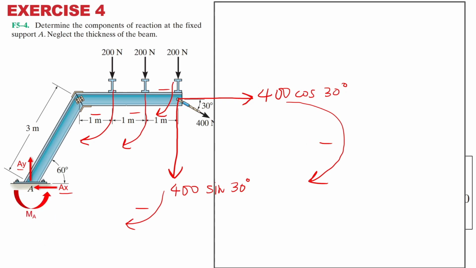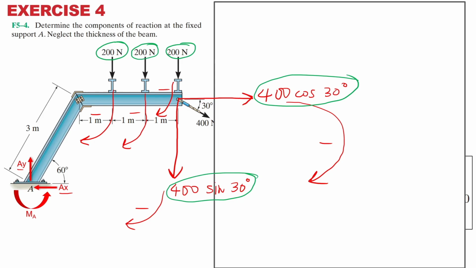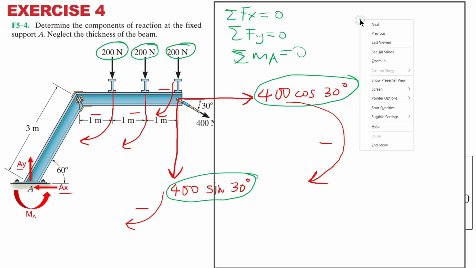Berapa komponen ada? 1, 2, 3, 4 yang bawah ni, 5. So ada 5 benda kena cari dia punya moments, kali dengan all the distances. But solve it properly lah. Summation Fy, summation Fx, and summation moment dekat location A lah kan. Location A. And then you can solve it properly all.